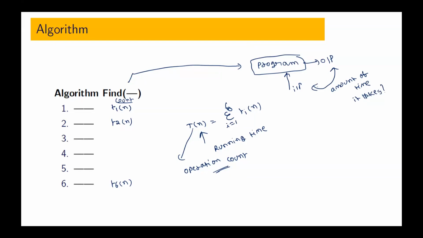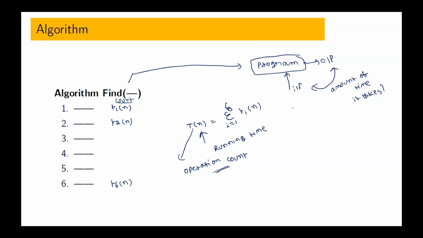How to calculate this? We need to do empirical analysis, where at the beginning of the process we measure the time, at the end of the process we measure the time again, and we find the difference. We do it for all the possible inputs. So what sir is saying is, we need to implement it.